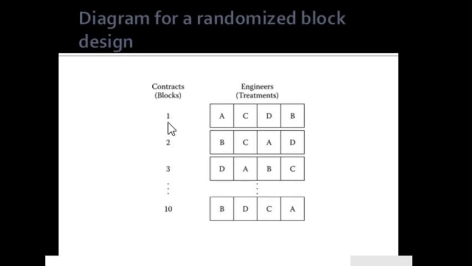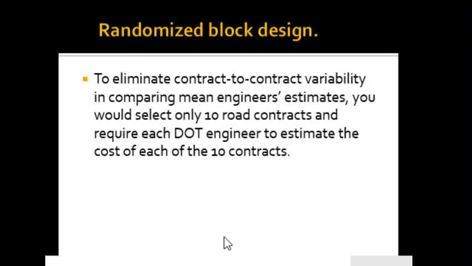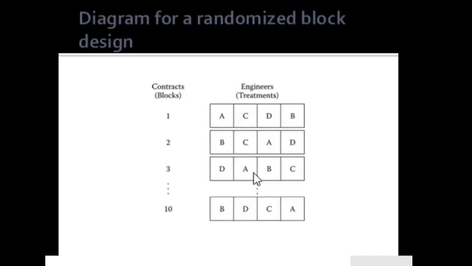So first contract, each engineer takes whatever time to estimate the cost of the contract. Okay, so same way for the second, and so on and so forth. So now after this, we can compare the times that each of the engineers is taking to estimate the cost.